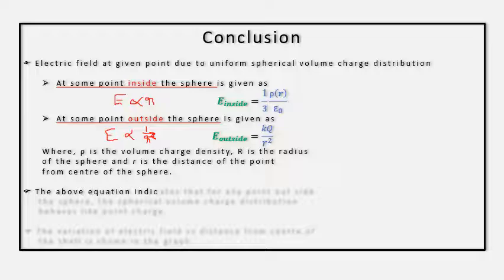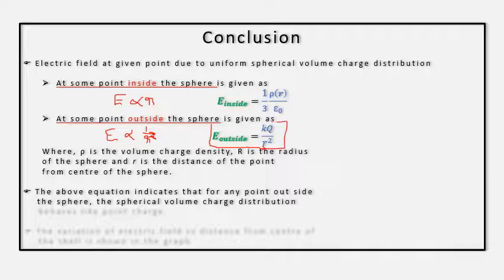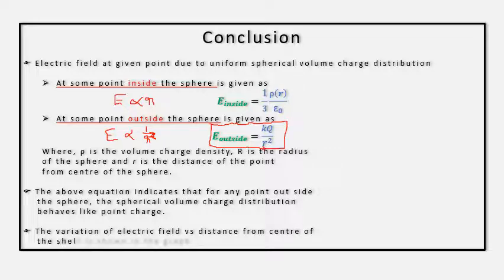So this is a very special feature, and it is very similar to that of a shell. In case of a shell also, we saw that when you are at some point outside the shell, the shell behaves like a point charge, and that is true with the volume charge distribution also. And now if we plot a graph of electric field versus distance, what should be the nature?